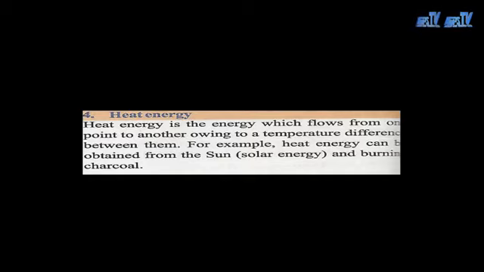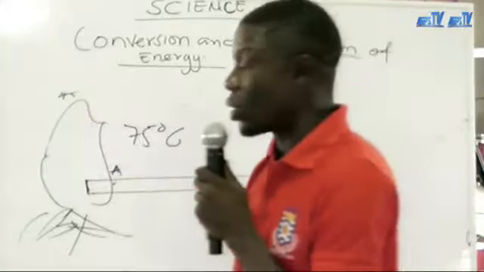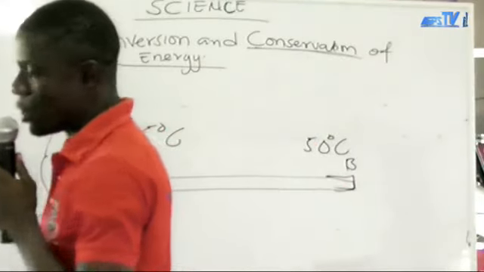For example, heat energy can be obtained from the sun. This is known as solar energy. The heat energy obtained from the sun is known as solar energy.